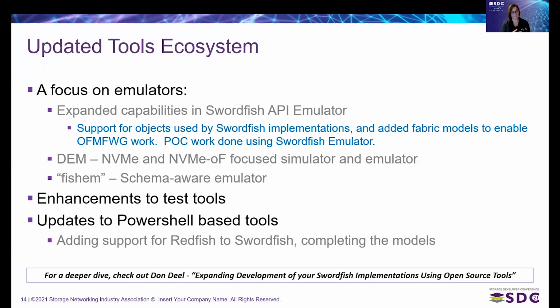The PowerShell tools has just added support for Redfish, so that kind of completes the model. The original Swordfish instrumentation focused on that logical representation. Adding the Redfish one in not only allows it to work against Redfish systems, but it also provides all that chassis representation as well, which is common and derived from Redfish. A lot of stuff going on here.